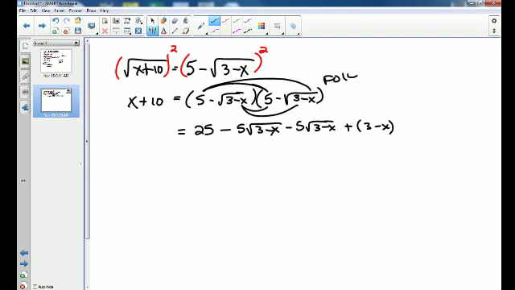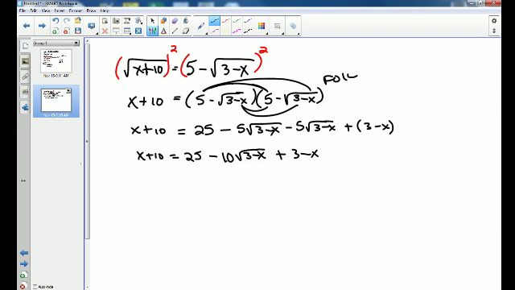So that's where that root is gone. So what this does for us is, how many root 3 minus x are there here? Negative 5 and negative 5. Negative 10. Right. So we end up with plus 3 minus x. Why is it plus 3 minus x, by the way?